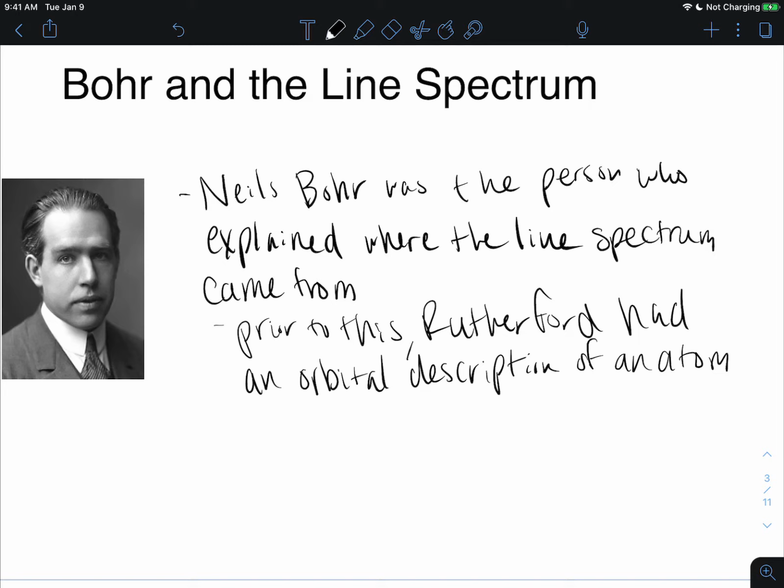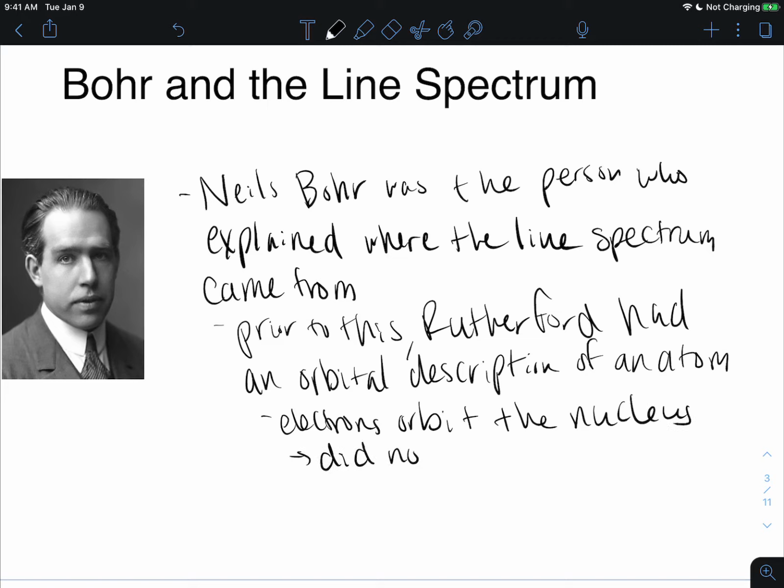And this did not explain the line spectra.